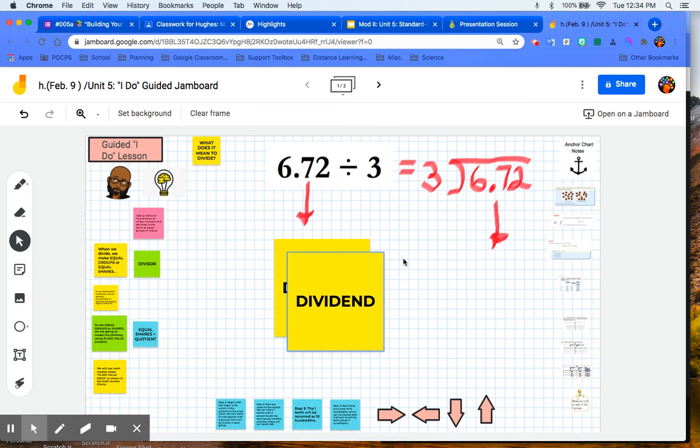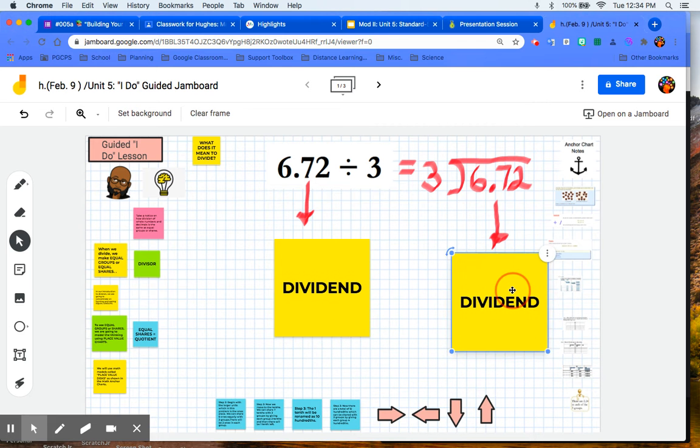Dividend is a word that expresses the number you're dividing into groups. So the number in the division expression sentence, 6 and 72 hundredths divided by 3, the 6 and 72 hundredths, is called the dividend.